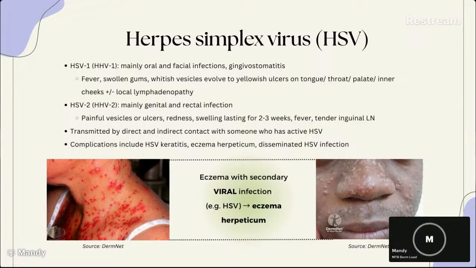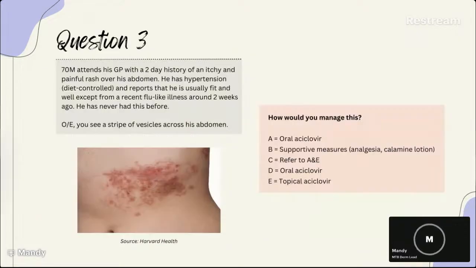Okay, so we'll move on to the next one. This is question 3. You have a 70-year-old man who attends his GP with a 2-day history of an itchy and painful rash over his abdomen. He has hypertension, diet controlled, and reports that he's usually fit and well except for a recent flu-like illness around 2 weeks ago.